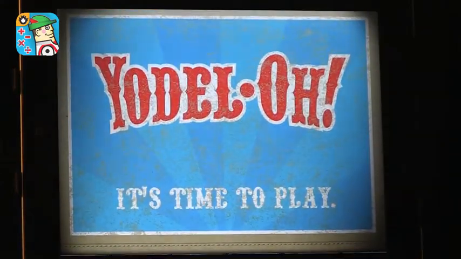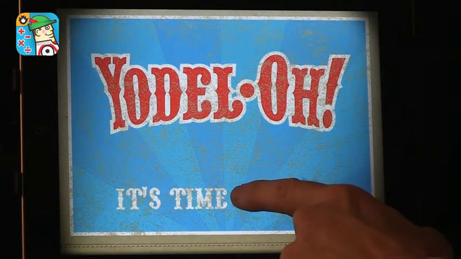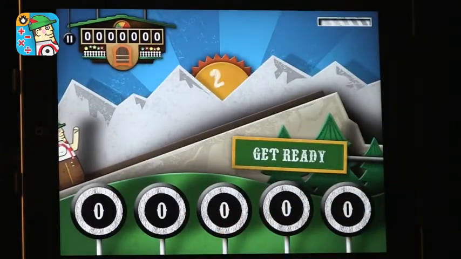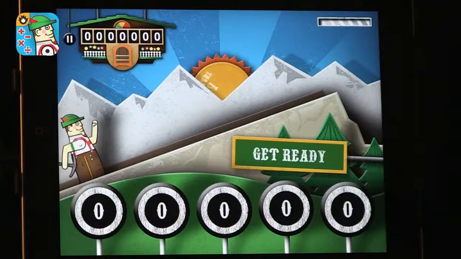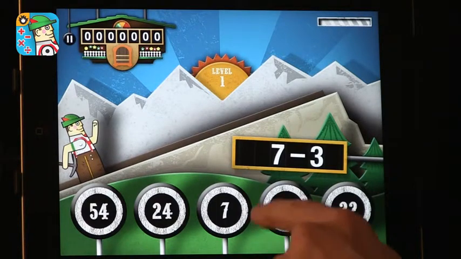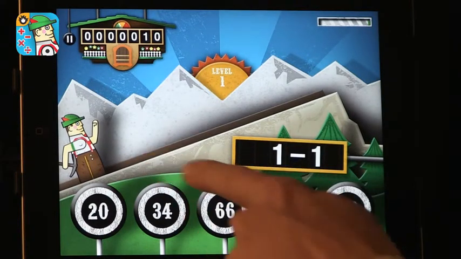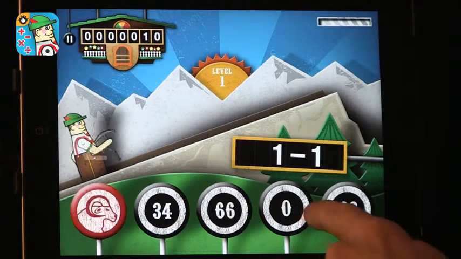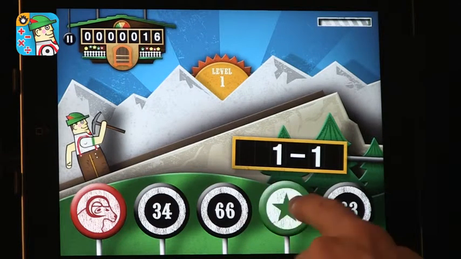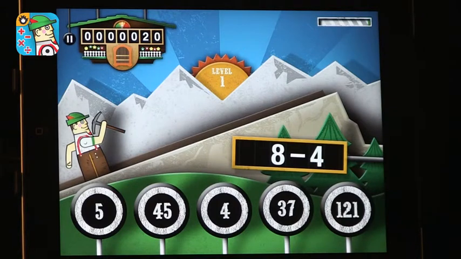Let's do negative numbers. And then, as you go through, your goal is obviously to prevent this person from falling off the top of the mountain. And the longer you wait, the more he goes up.